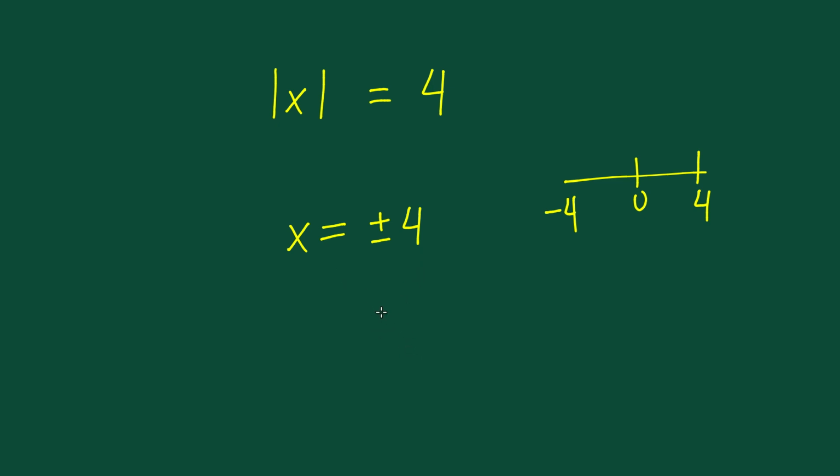Okay, so what if instead of just x, the absolute value of x equals something, what if we had this now? The absolute value of x minus 2 equals 10. What about this now?